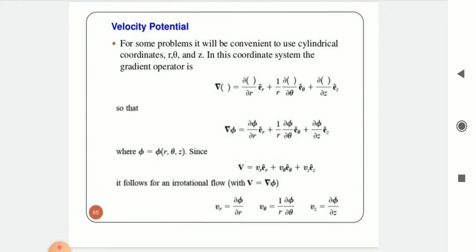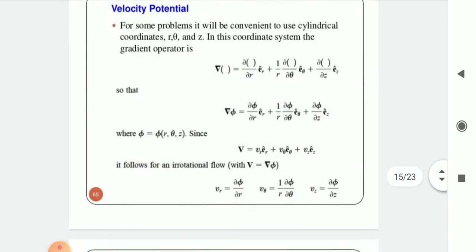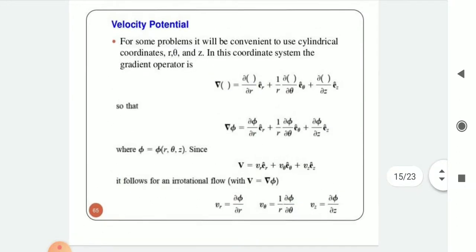In this coordinate system, the gradient operator is ∇( ) = ∂( )/∂r er + (1/r) ∂( )/∂θ eθ + ∂( )/∂z ez, so that ∇φ = ∂φ/∂r er + (1/r) ∂φ/∂θ eθ + ∂φ/∂z ez, where φ = φ(r, θ, z).